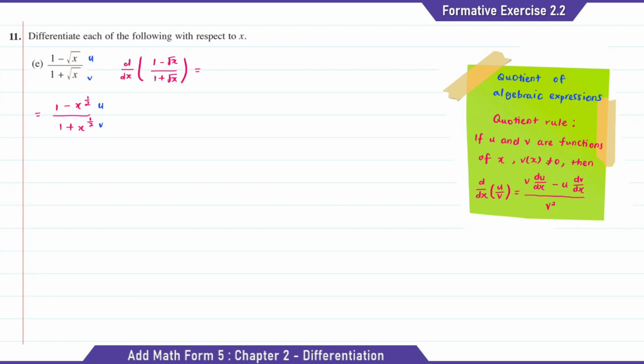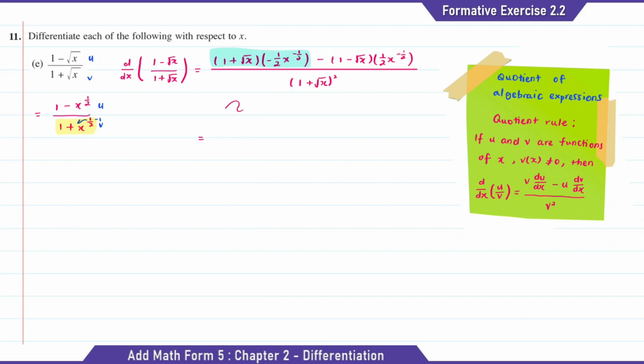To differentiate this, first copy the v, 1 plus square root x, then differentiate the u, which is equal to negative 1 over 2 x to the power of negative 1 over 2, minus the u, which is 1 minus square root x. Then differentiate the v, which is 1 over 2x to the power of negative 1 over 2, over v squared, 1 plus square root x squared.